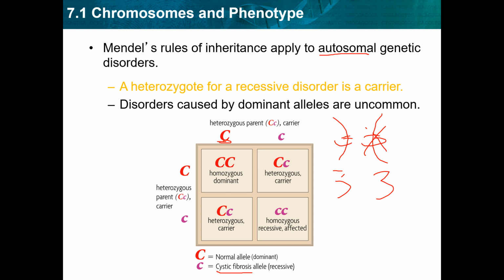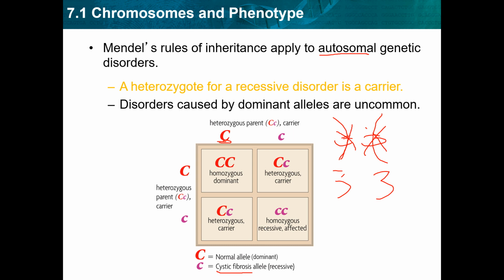Half of the children are going to be heterozygous carriers, where they won't be affected. They won't have cystic fibrosis, but they're still going to have that lowercase c. They're still going to have a defective gene copy right here. And then 1/4 of the children are going to be homozygous recessive, which means they're going to have the cystic fibrosis. And that's because they would have both copies of their genes knocked out.